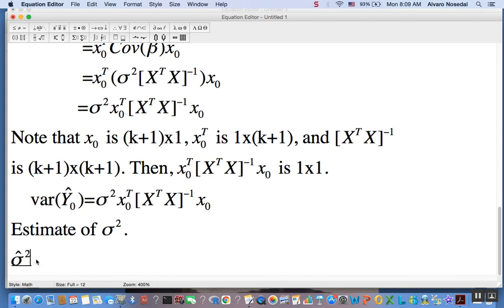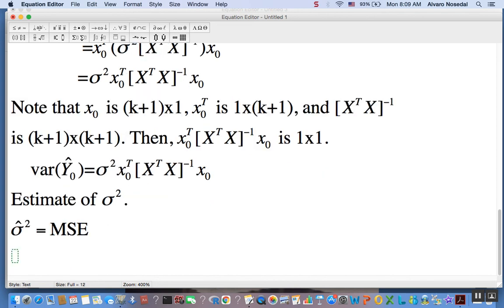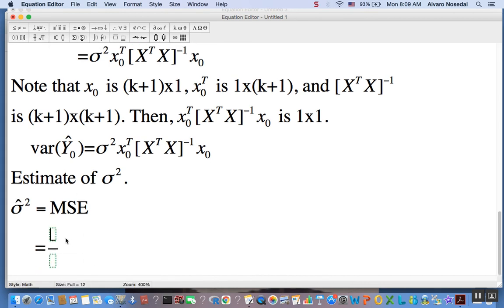So sigma hat squared is going to be the mean square error. And let me remind you that the mean square error is given by the sum of squares for the error divided by n minus k plus 1.